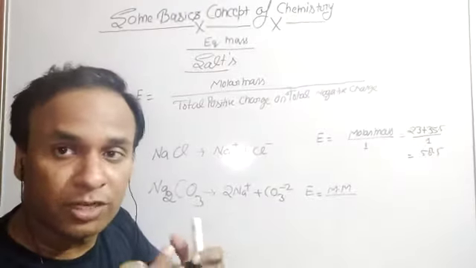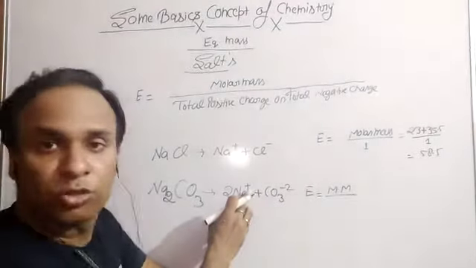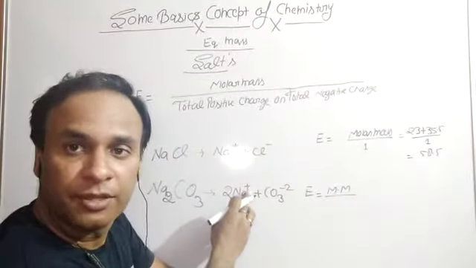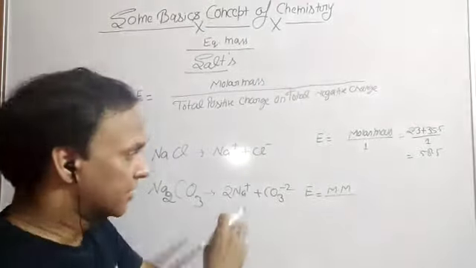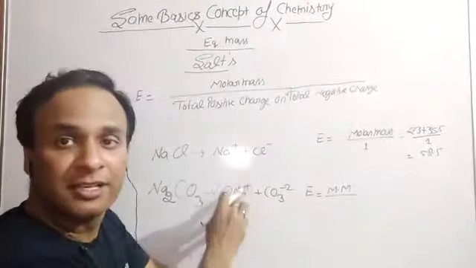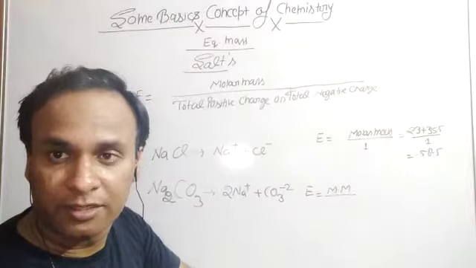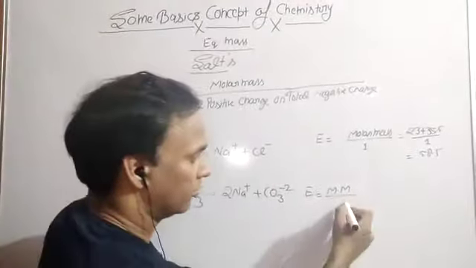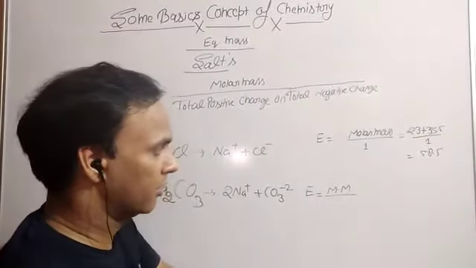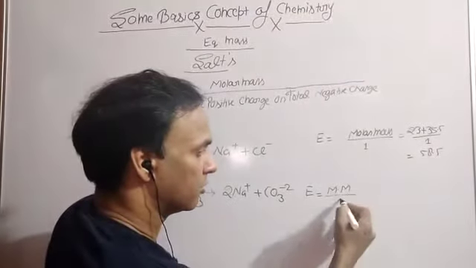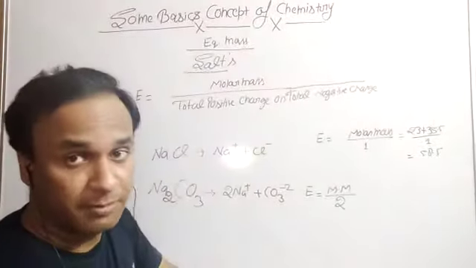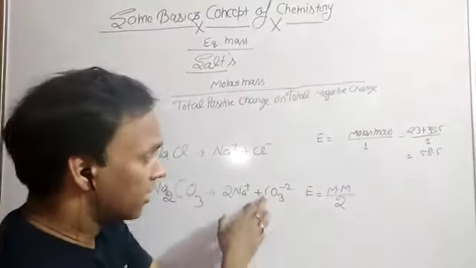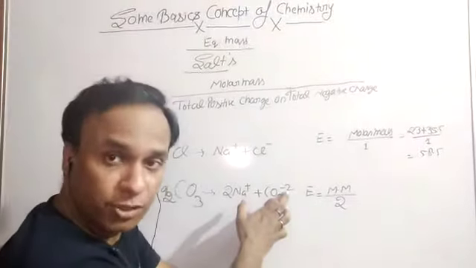When we talk about the total positive charge, one sodium consists of +1 charge, but in this case, 2 sodium ions are present. That means the total charge is 2. In the same manner, when we observe the negative ion, carbonate CO3 consists of -2 charge.